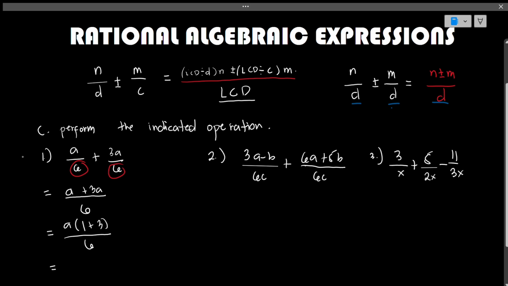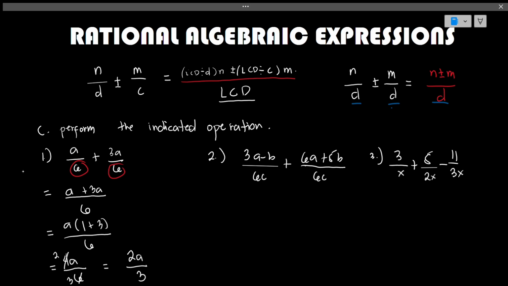Then simplify: 1 plus 3 is 4, so that becomes 4a over 6. Then reduce: 4 becomes 2 and 6 becomes 3. Therefore, the final answer is 2a over 3.